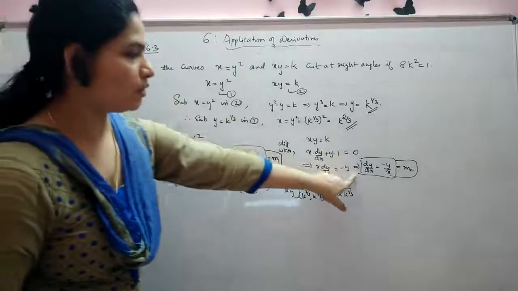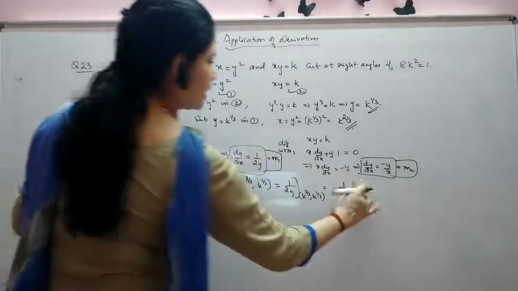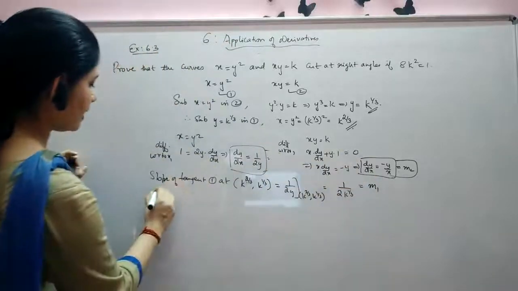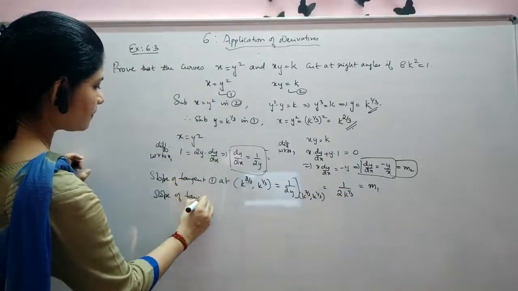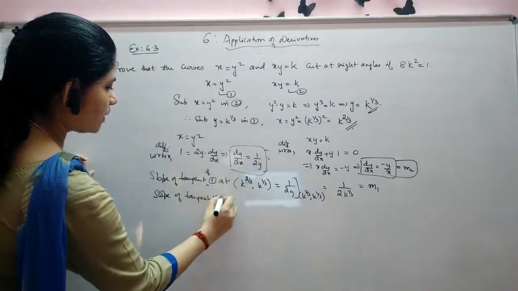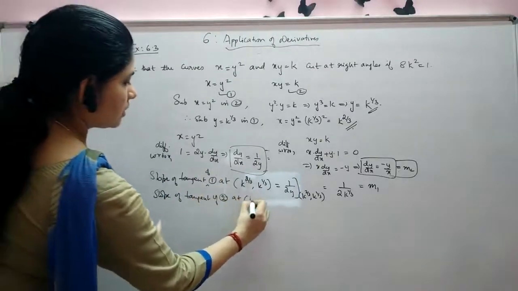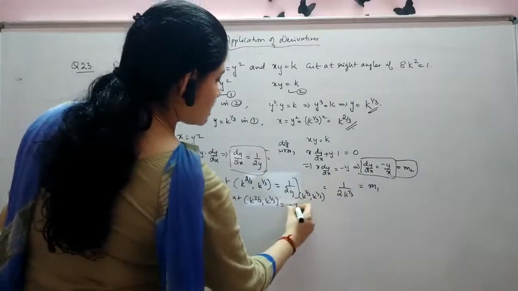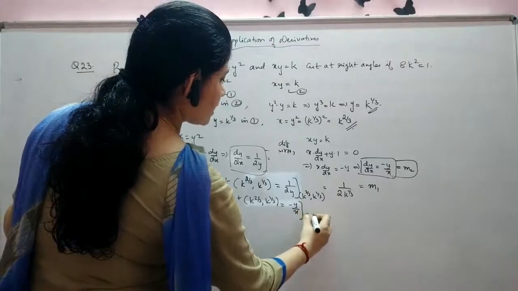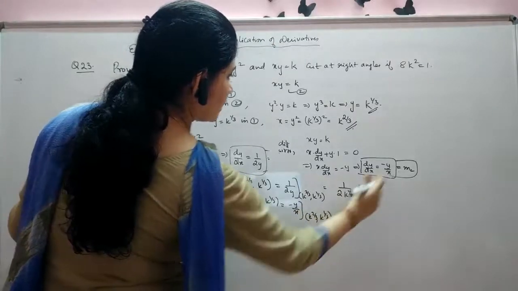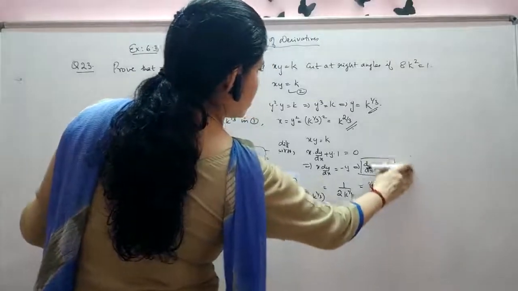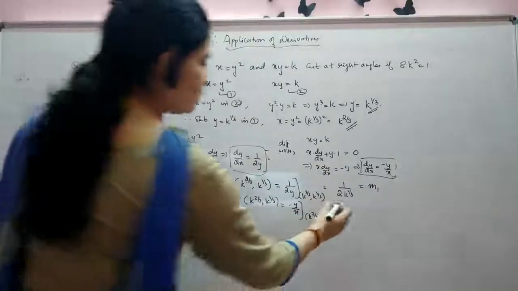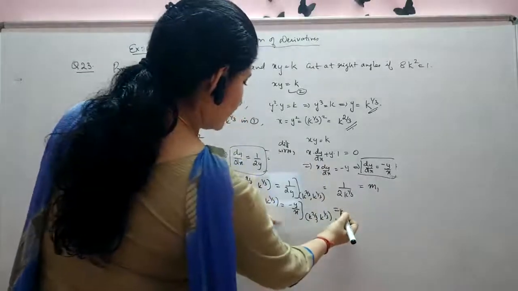Now here again, this m2 at the point you have to find out. Let this be m1. And here again you are substituting the value: the slope of the tangent of equation 2 at k raised to 2 by 3 comma k raised to 1 by 3 will be, what you have got, minus y by x at this point. So this is what I am taking as m2. This will be easy when you substitute and then multiply.